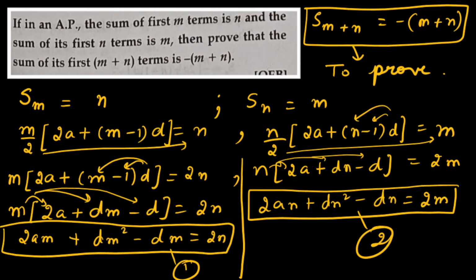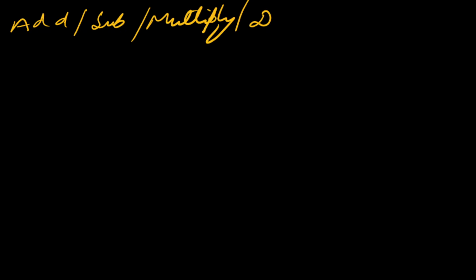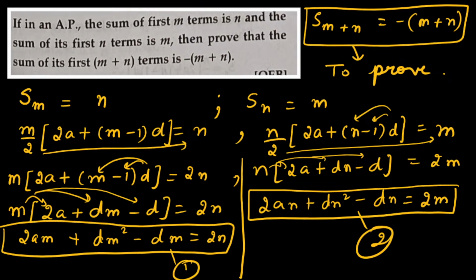Now whenever we have two equations, according to our wish, we can add, we can subtract, we can multiply, and we can divide as well. It depends on what we have to prove in the question. Whenever we have two equations we can add, subtract, multiply, and divide as per the requirements. So now here, I have to see S(m+n)'s formula.